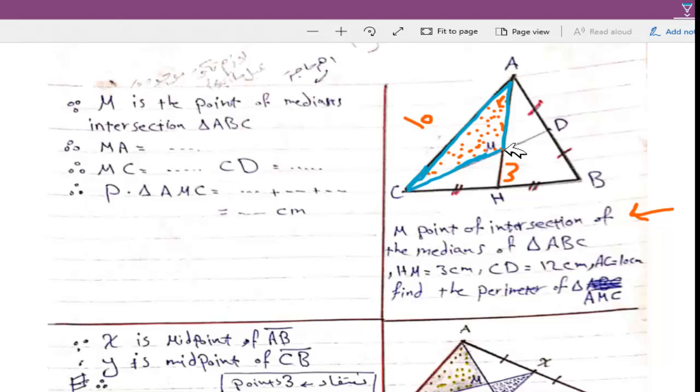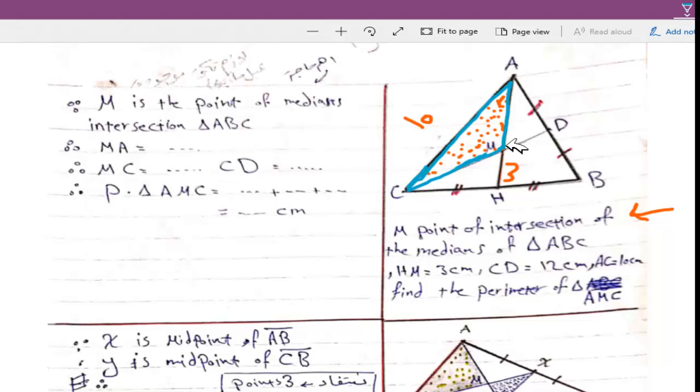So you have to use the ratios we just mentioned: half, third, 2/3, twice.